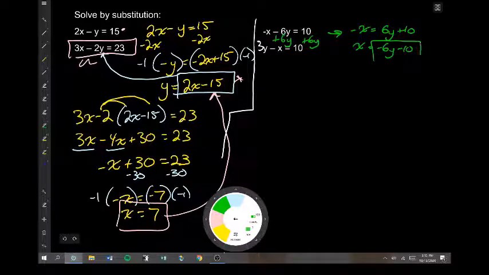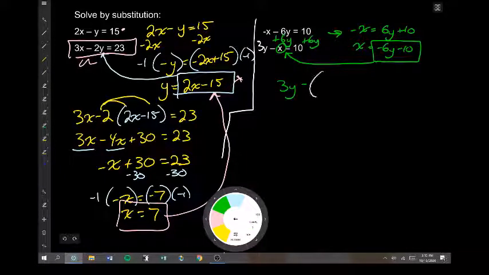I now take this and plug it into here, this x right here, and I have 3y minus negative 6y minus 10. All of this plugged in for this x right here. And that equals 10.